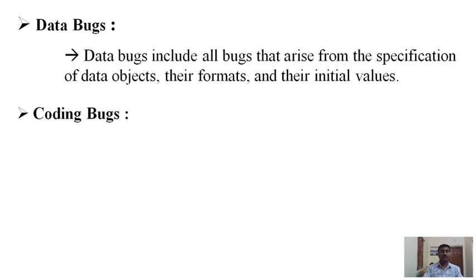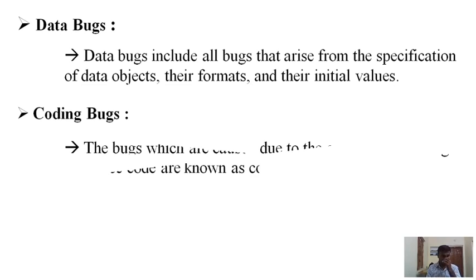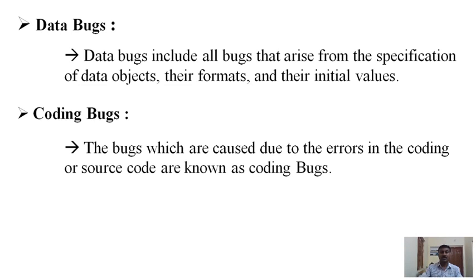Then the fourth bug in the taxonomy of bugs is coding bugs. Coding bugs are bugs caused by errors in the coding or source code. The code we have developed, or the source code we use for any program or project, if that code contains any errors, comes under coding bugs.